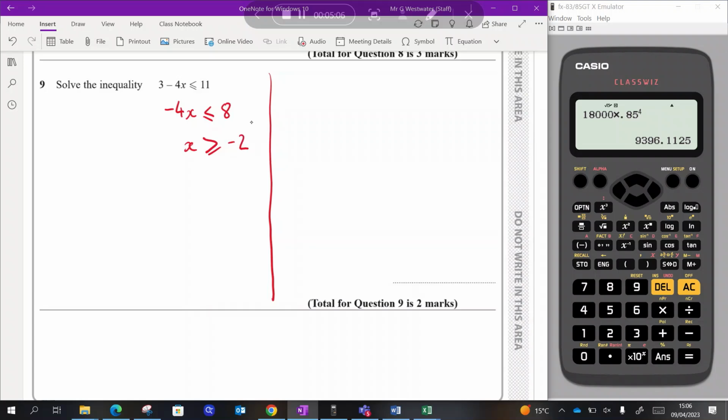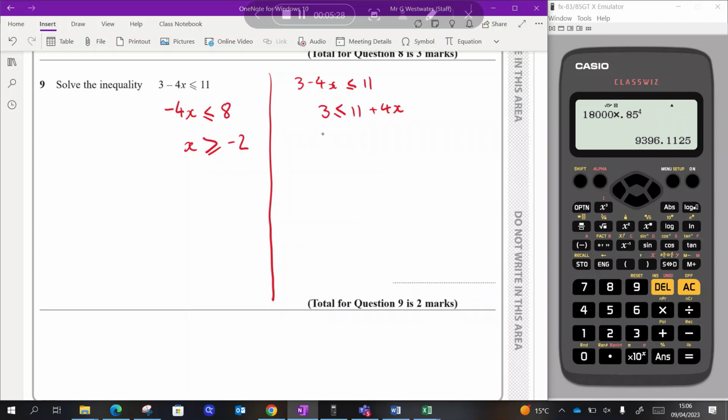Okay? If you weren't sure about that, what you could think about this as is if we start with 3 minus 4x is less than or equal to 11 again, I could instead add 4x to both sides. So 3 is less than or equal to 11 plus 4x, so now the 4x is positive.